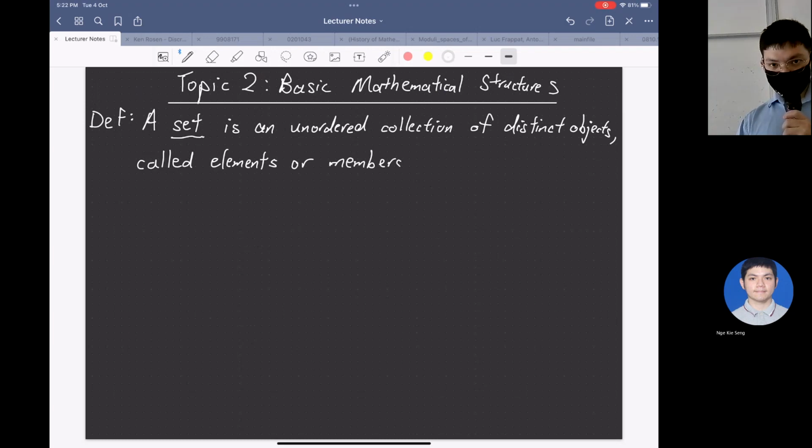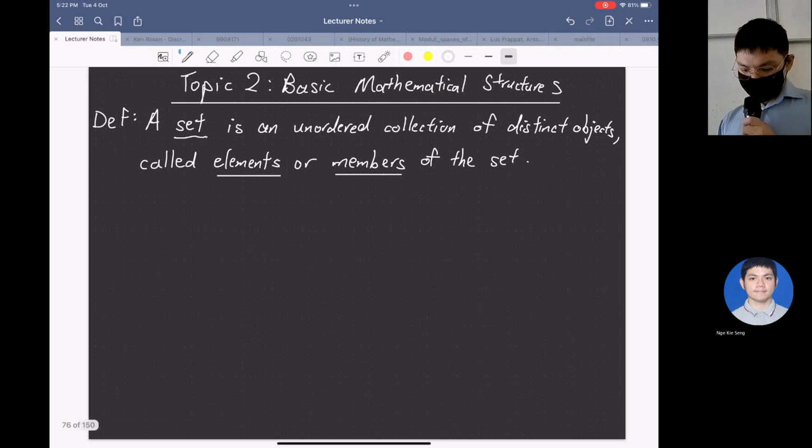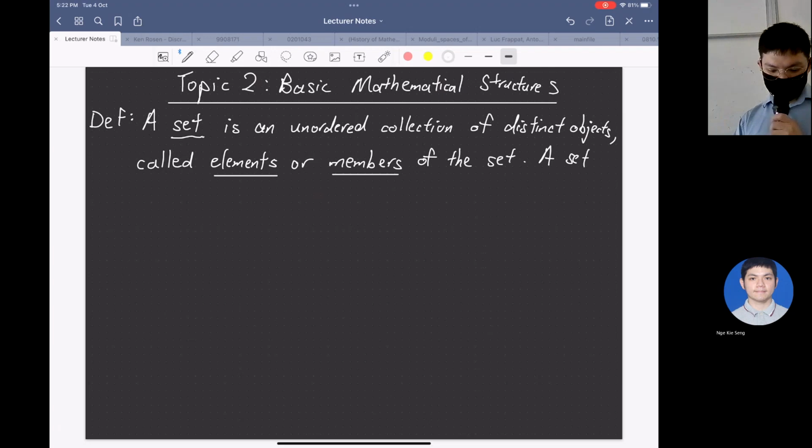Usually we call it an element, but I'm not sure, in computer science they sometimes use member. And a set is said to contain its elements.